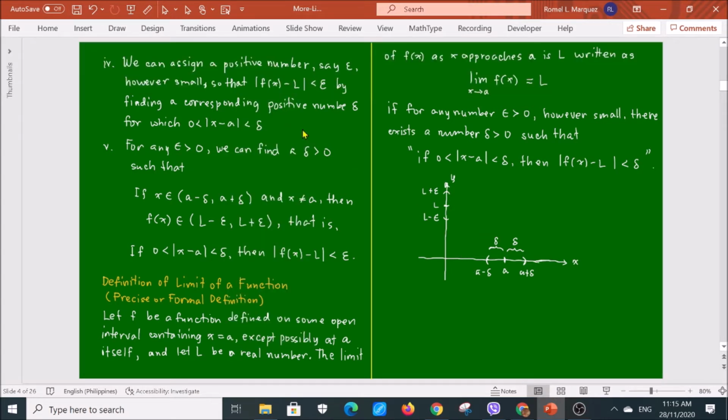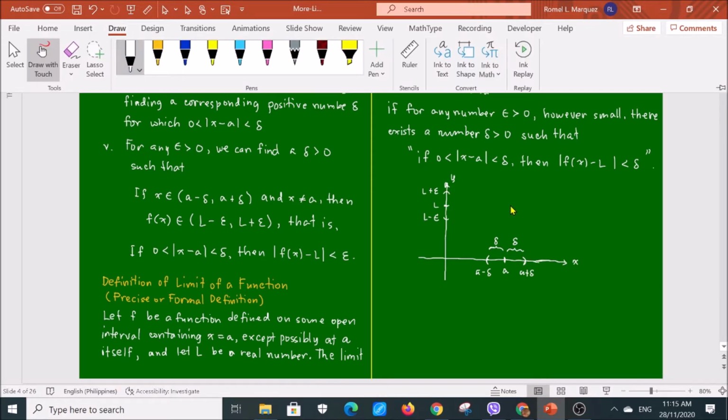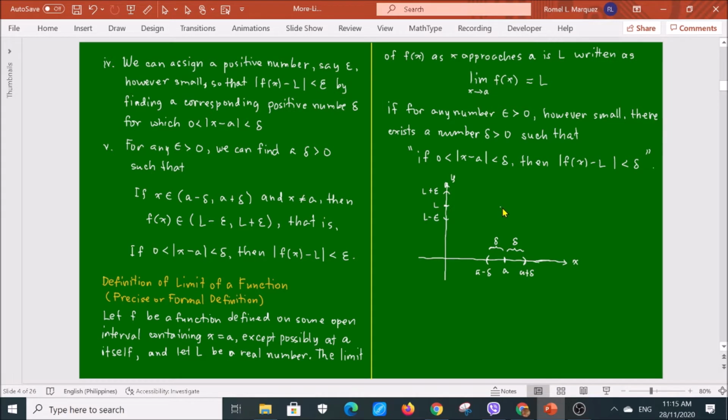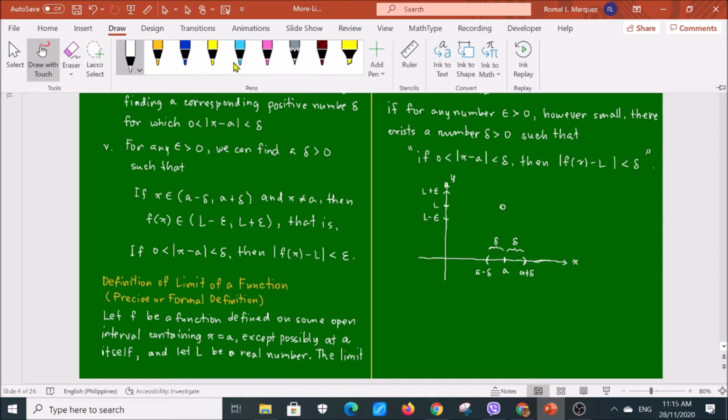The graph is not necessarily defined or has a value at x equals a in general. But of course, if the function is defined there, much better. But generally, it's not necessary to be defined there.